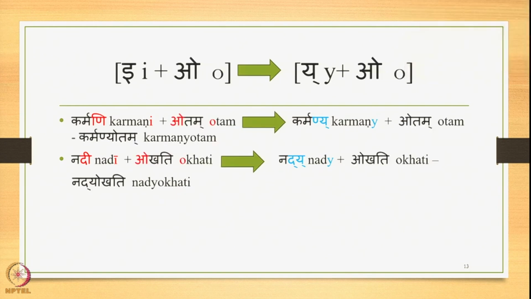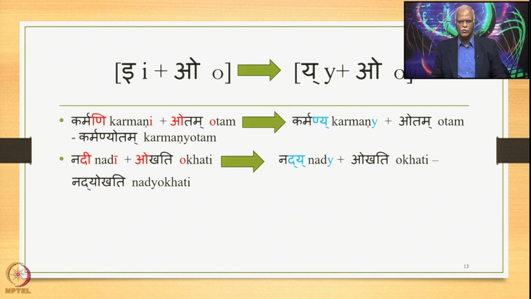Then we have E plus O as an embodiment, and 6177 applies and generates the output in the form of Ya plus O. So we have Karmani plus Otam, Ota is filled, and this will trigger the operation of 6177 because E is followed by O and will generate the output in the form of Ya plus O, Karmanya Otam, Karmanyotam.